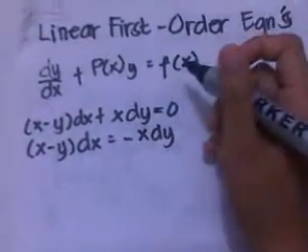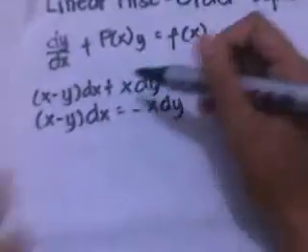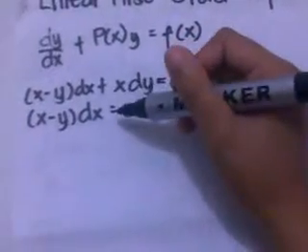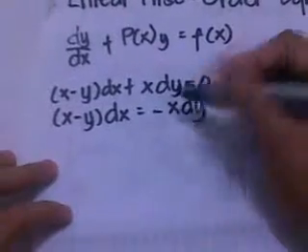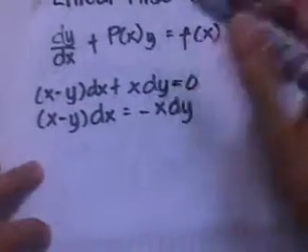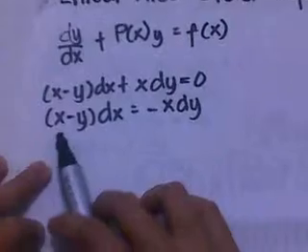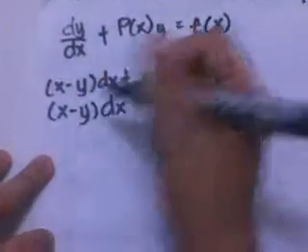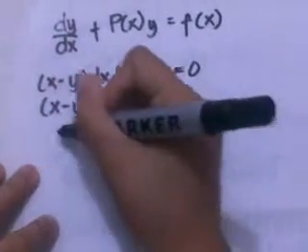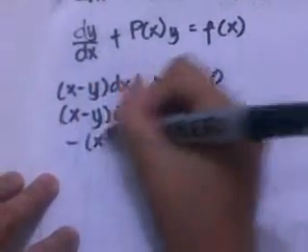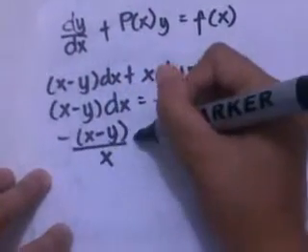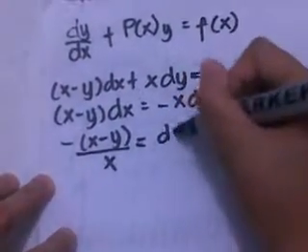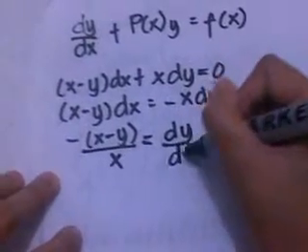And then for the dx, we should undergo cross multiplication so that the dx here is on the denominator of dy, and then the negative x here should go in the denominator of x minus y. So now it becomes negative x minus y over x equals dy over dx.